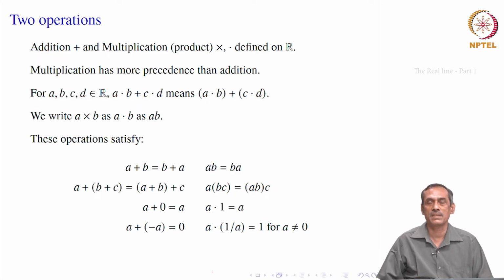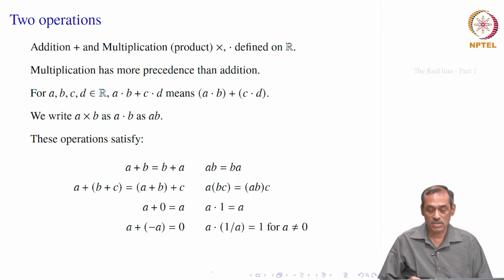But here we have a condition that A should not be 0, because we want to avoid 1 by 0. So, A into 1 by A equals 1 whenever A is not equal to 0. That is, corresponding to any non-zero number A, we will have another such number, which we write as 1 by A. When you multiply, you will get back 1.